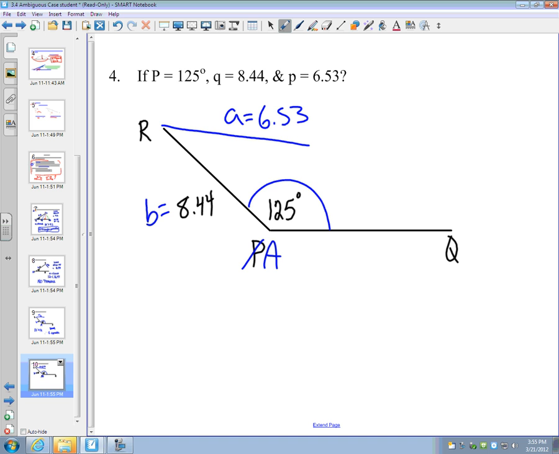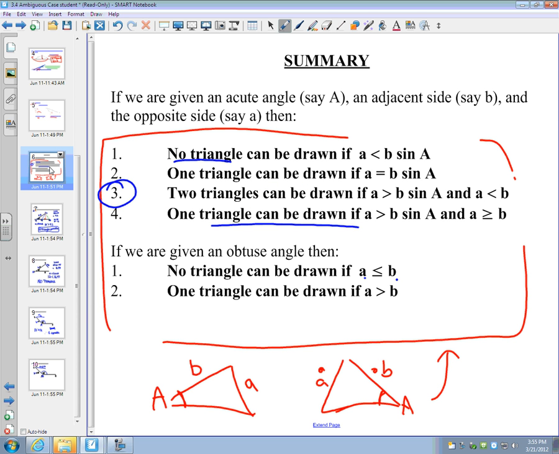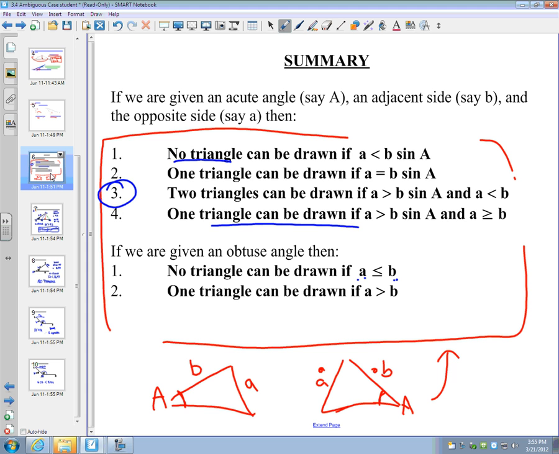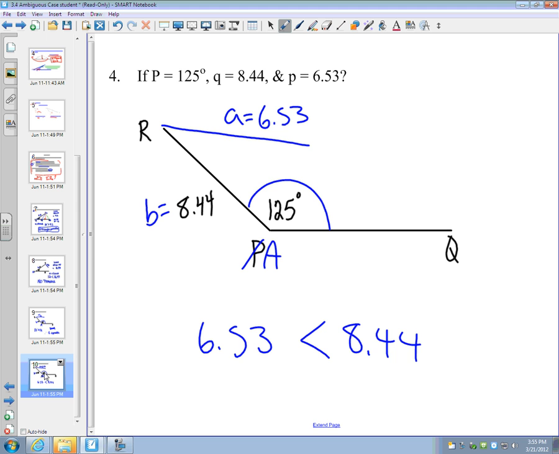In obtuse, all we're doing is comparing A and B. A is 6.53, B is 8.44. Since A is less than or equal to B, we have no triangles. There's no way that 6.53 is ever going to hit if this side is 8.4.